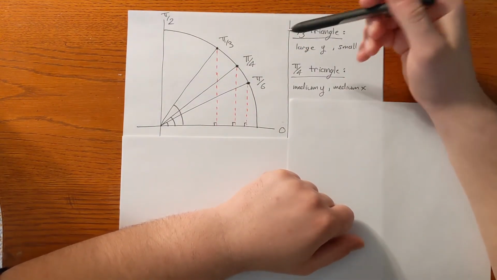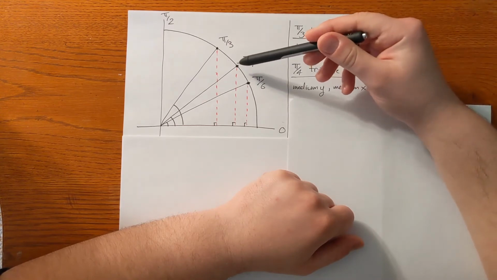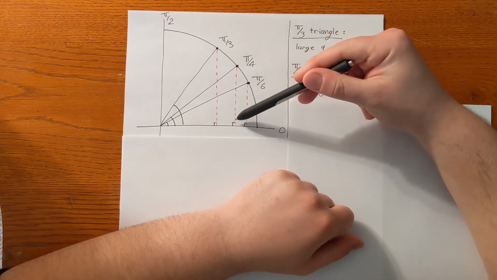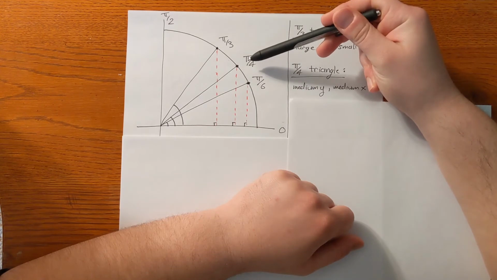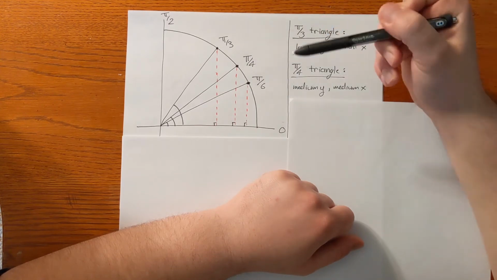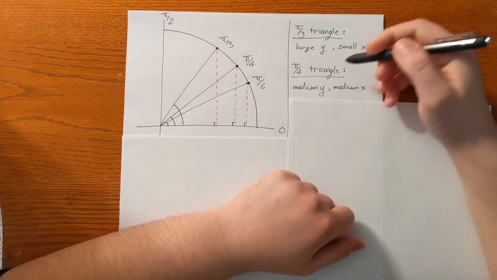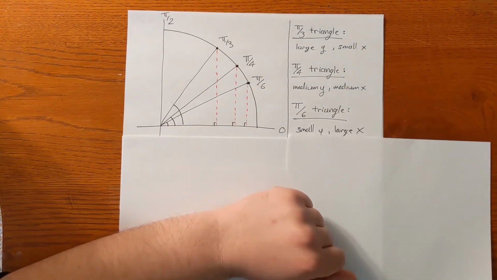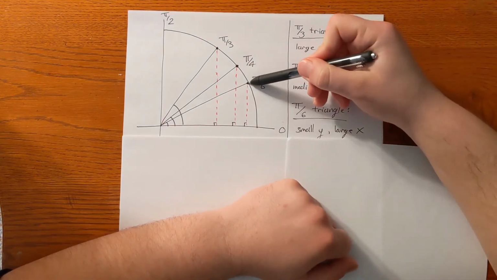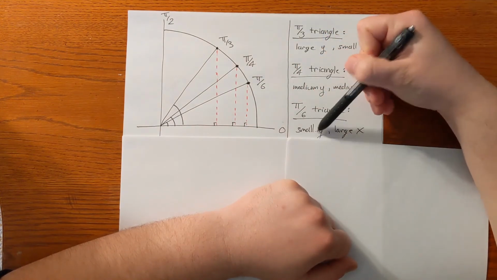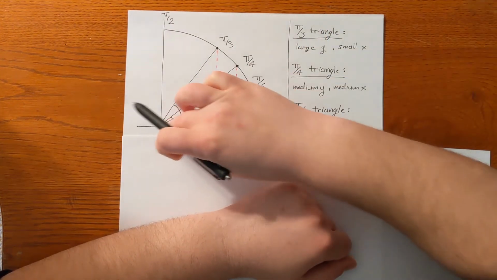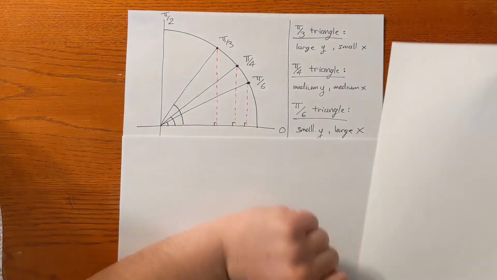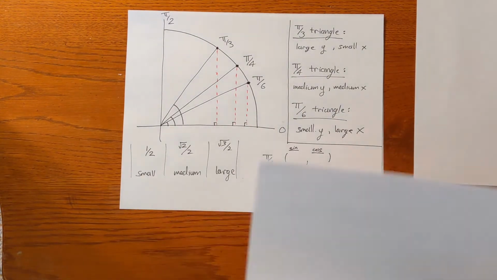Then the pi over 4 triangle is the one that's right in the middle. Remember, it cuts the first quadrant in half. So I'm calling it a medium y and a medium x coordinate. And then the last one, the pi over 6 triangle, the shortest one, has the smallest y-coordinate but the largest x-coordinate. It's the furthest over.